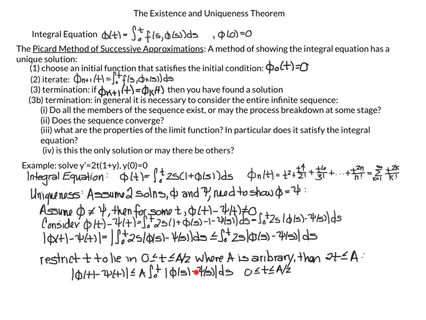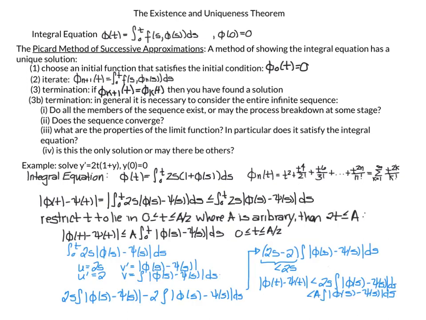So exactly where did this come from? Well, I have my integral of 2s times the absolute value of phi of s minus psi of s. I wrote that down here, copied it here for reference. So I'm going to integrate using integration by parts. I have u equal to 2s, v prime equal to the absolute value of phi of s minus psi of s. Now my u prime, fortunately, is just equal to 2.